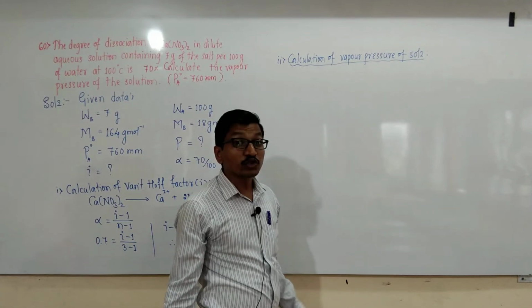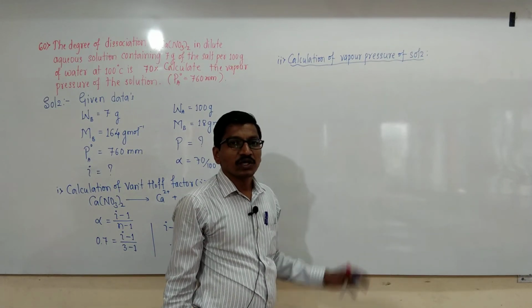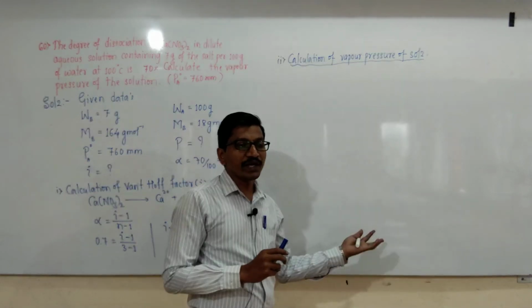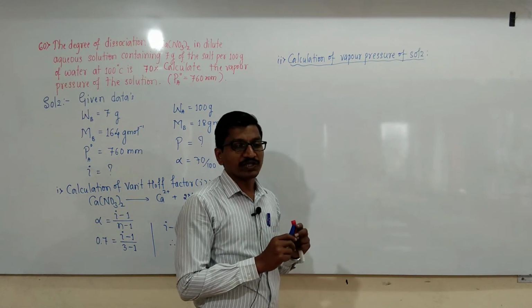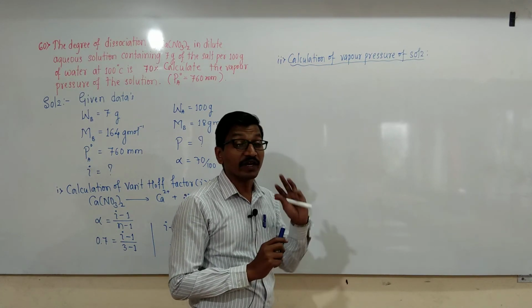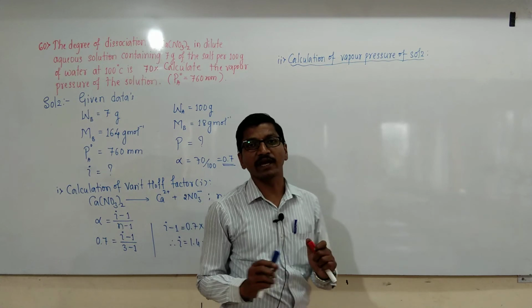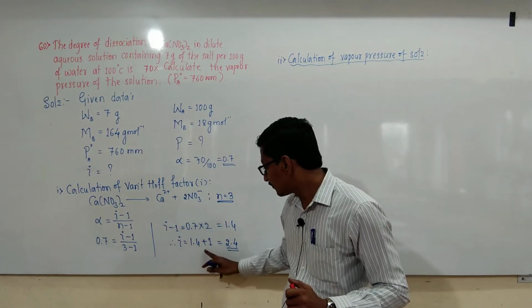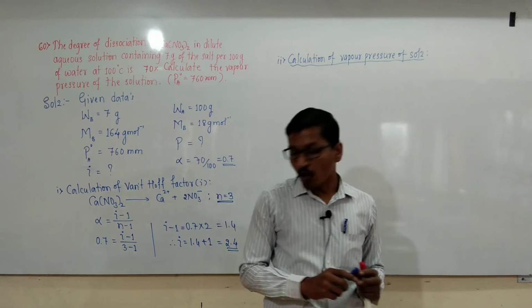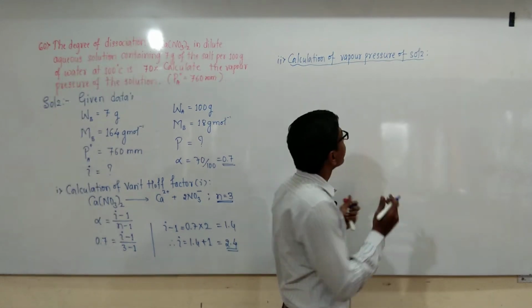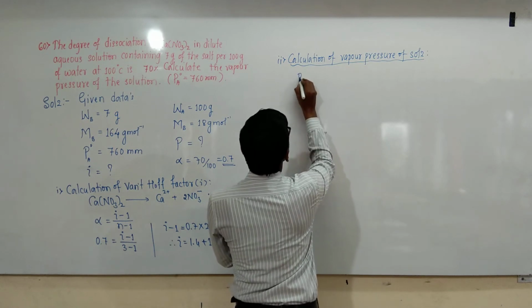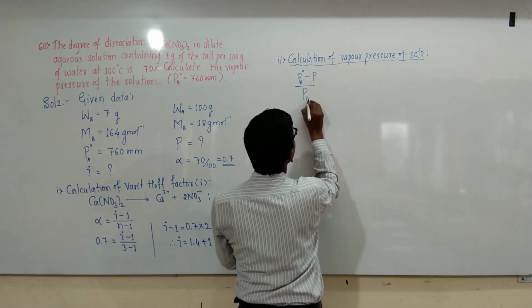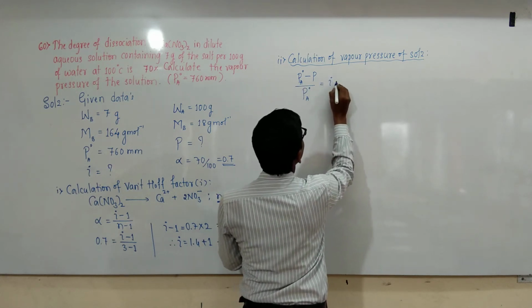Here the solute is ionized in the solution and it dissociates into calcium and nitrate ions, and the degree of dissociation is 70%. From the degree of dissociation value as well as the number of ions we calculated the van't Hoff factor, that is 2.4.